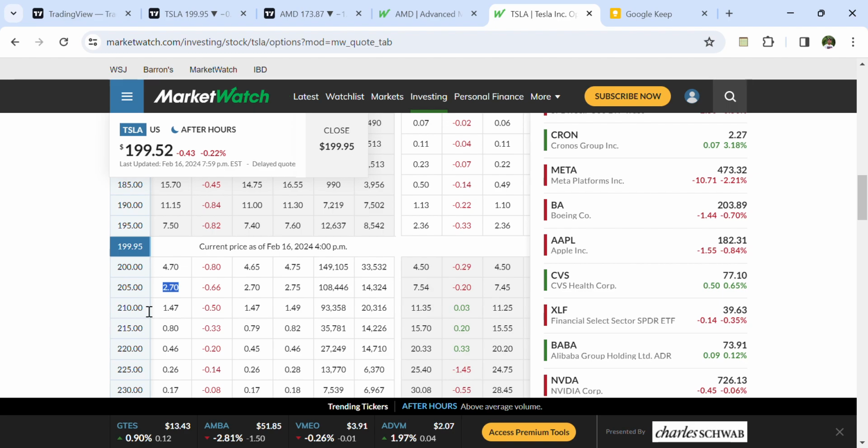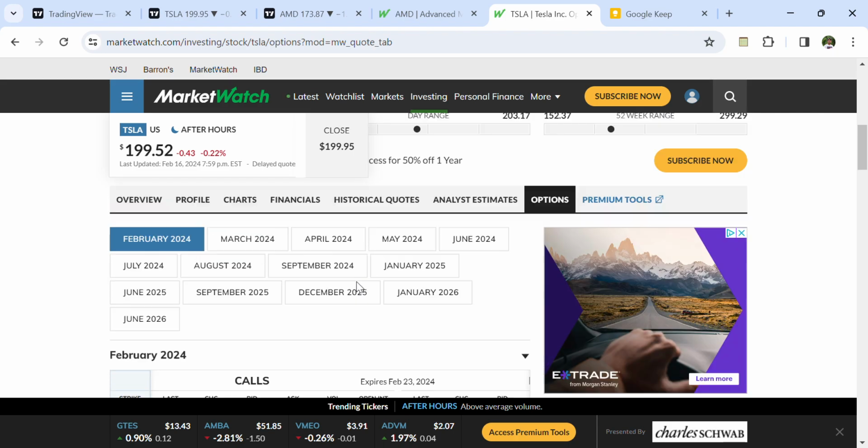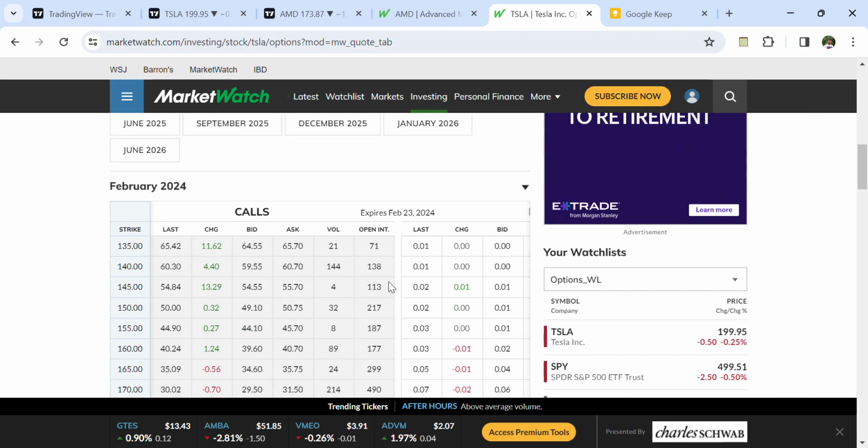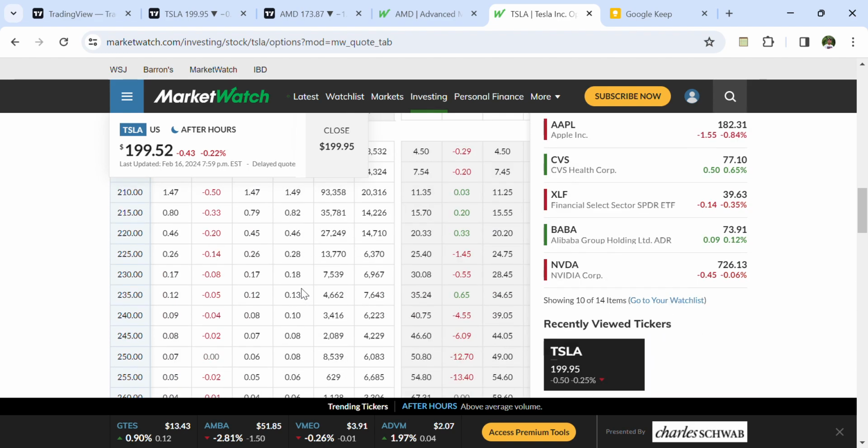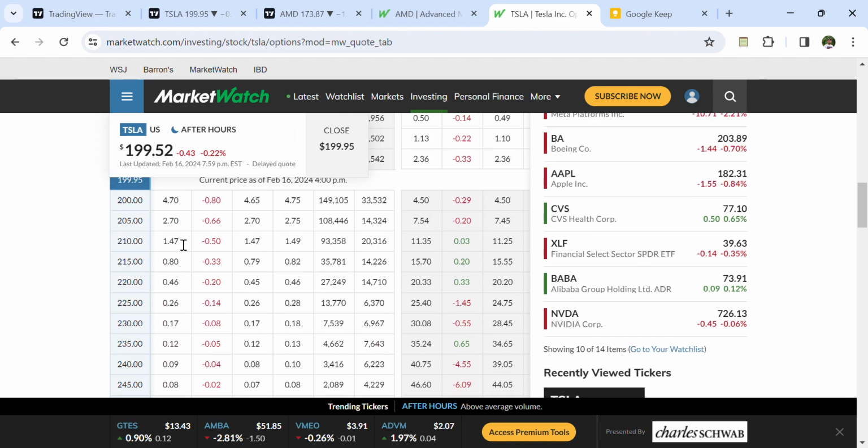It may come on Tuesday when the market opens; new strikes like 207.5 will get added, as option writers will write those calls and puts. So 207.5 would have been an ideal call to take for Tesla for the 23rd of February expiry, and it would cost you around 1.47.